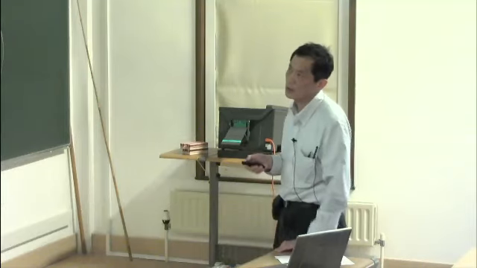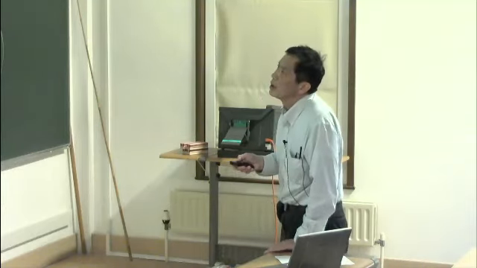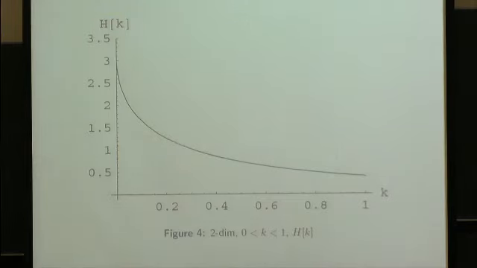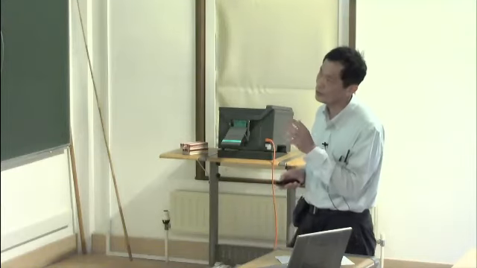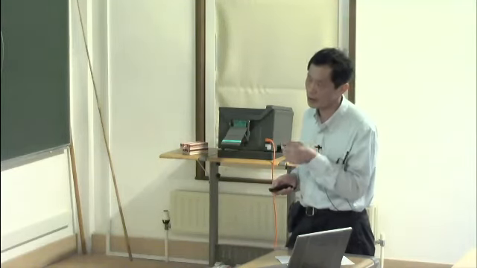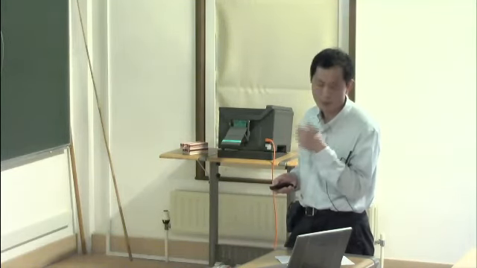So it has some kind of similarity. And then this is the graph of hk for k in between 0 and 1, in the two-dimensional case. So then you have hk positive. But for the three-dimensional case, it's hard to write the graph, because if you do it by hand, you will end up with some kind of elliptic function.